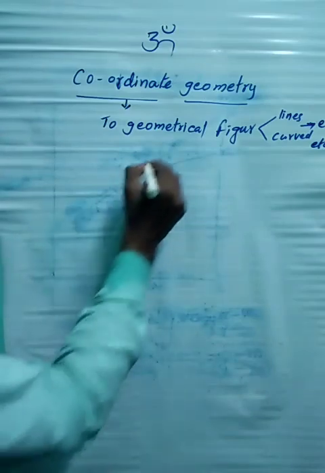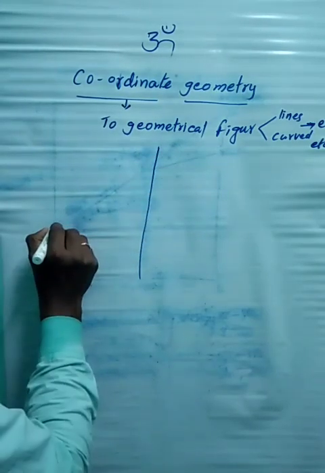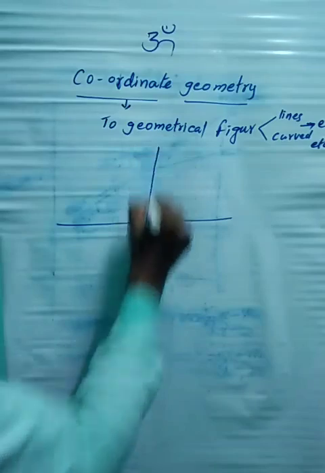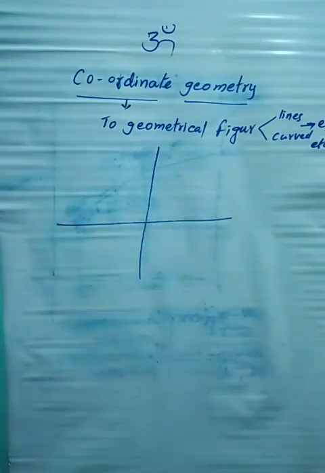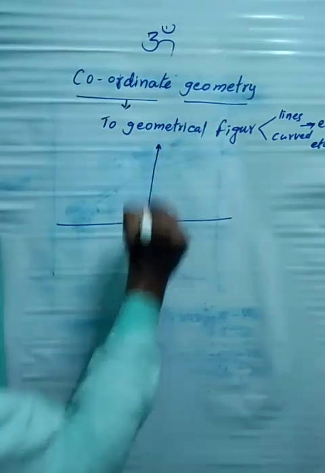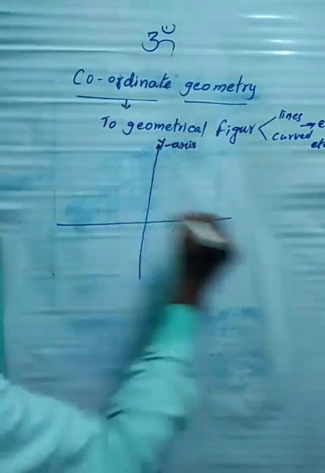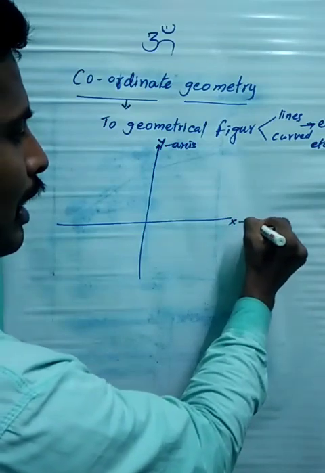See, suppose I take two dimensions on a plane. One is vertical and one is horizontal. These can be named as y axis and x axis.